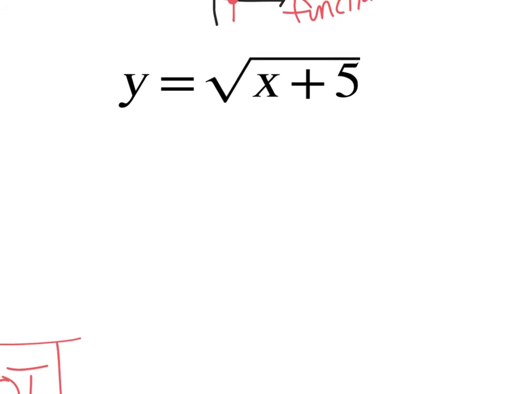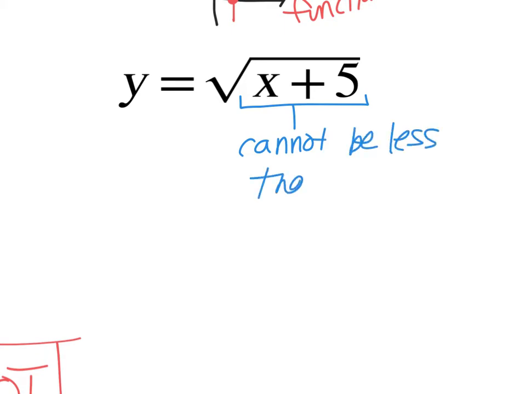The third one is solve for y, and we have a square root. Now, when we have a value under a square root, in order to get a real answer, it cannot be less than 0. However, if I substitute in a number, how many answers am I going to get?